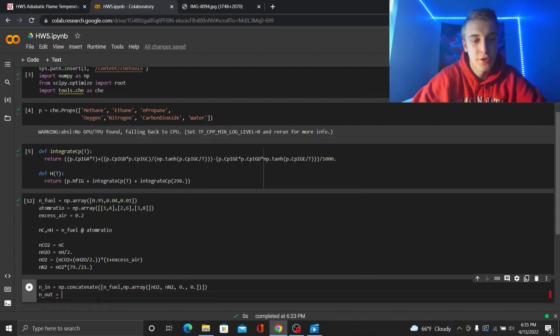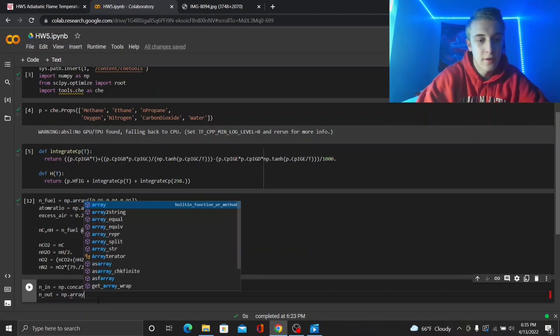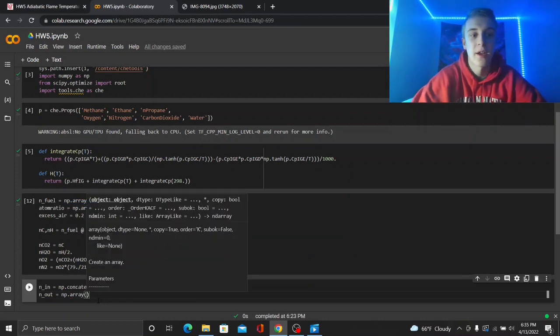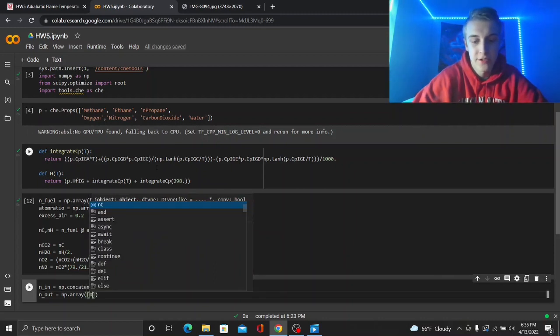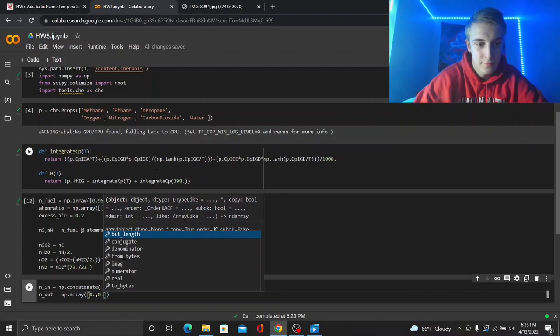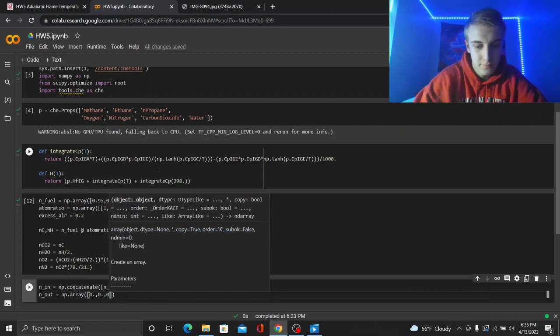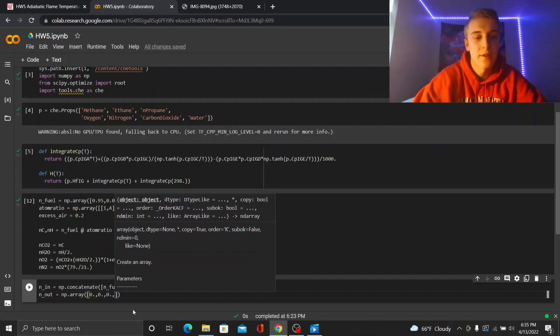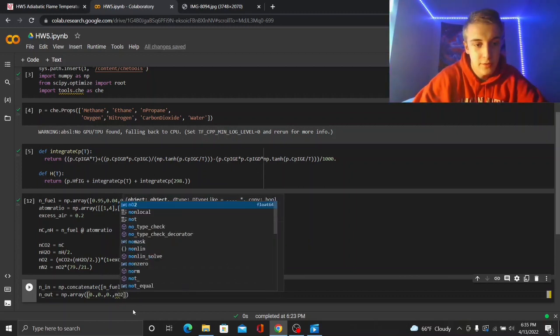And then now for going out, we can just make another array. But this time we won't have any of our fuel values going in, so those will all be zeros. And then we will have our moles of oxygen.